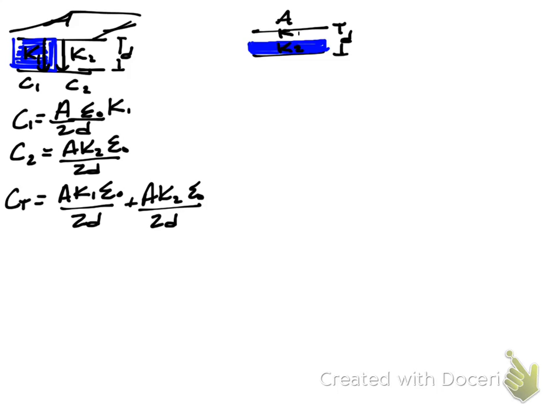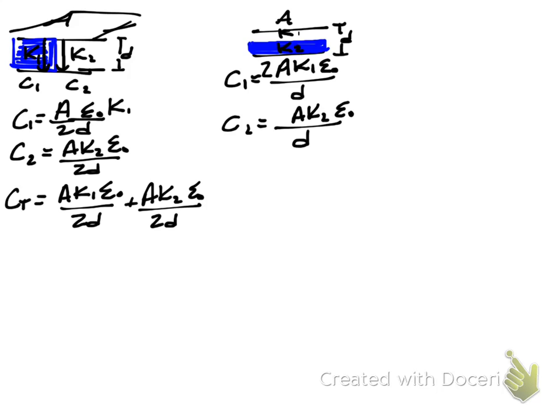In this case, we still have capacitance 1 and capacitance 2, capacitance 1 being at the top. Well, in this case, it's still A epsilon naught over D, but we're splitting in half D, so it's A times kappa 1 times epsilon naught over D over 2. And then for capacitance 2, same idea, A times kappa 2 times epsilon naught over D over 2 again.